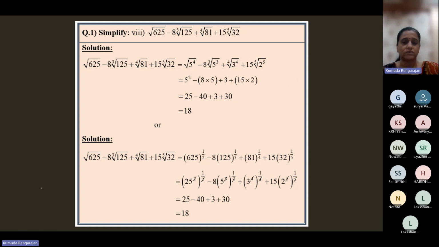Okay, let me just write this one as square root of 5 into 5 into 5 into 5. So 4 fives under the square root. So from 2 fives, 1 five out.